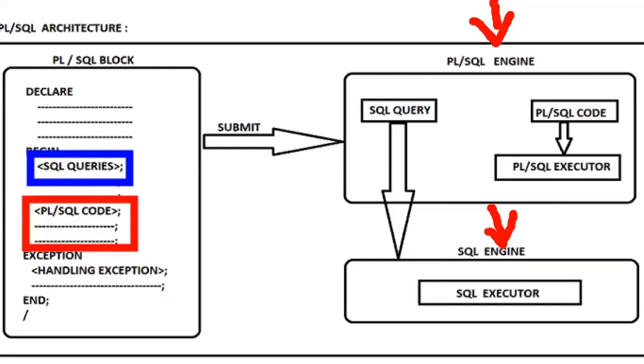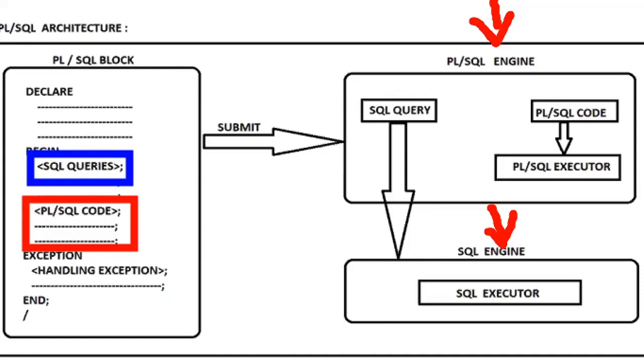Java, Java compiler. C#.NET, C#.NET compilers. Python, Python compilers. C, C compilers. C++, C++ compilers. Every programming language is like that. Same as that, SQL queries are not understood by the PLSQL engine. That is, PLSQL executors cannot understand SQL queries because SQL is a different language. And PLSQL code, who didn't understand?